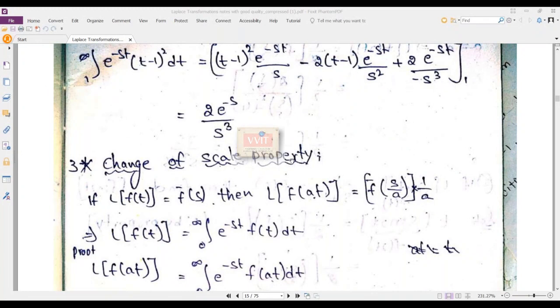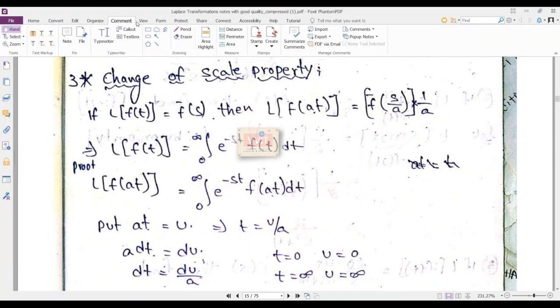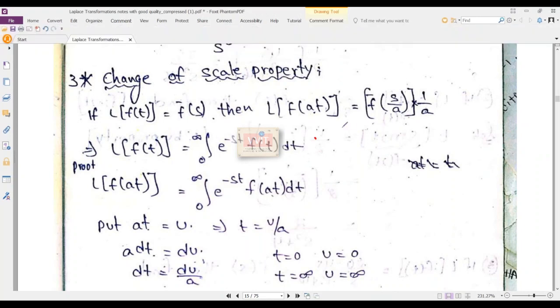change of scale property. In the change of scale property, whatever formula we discussed, L of f of t equals f of s.